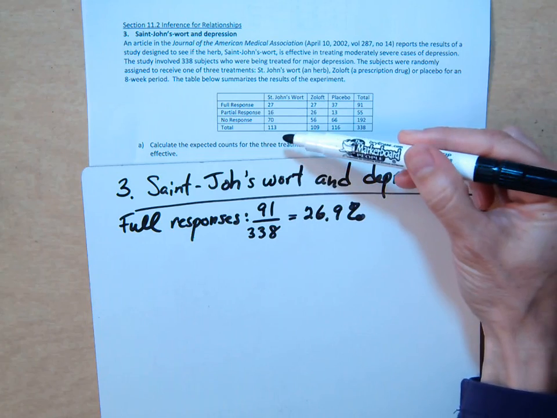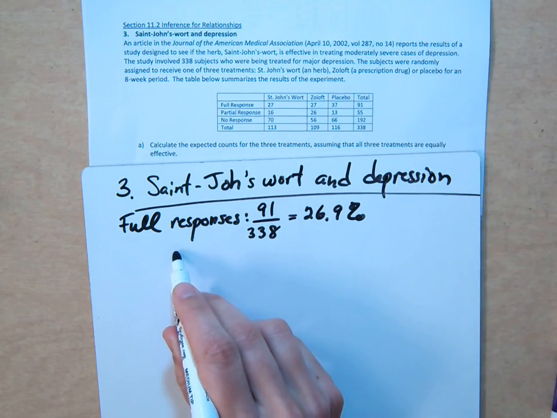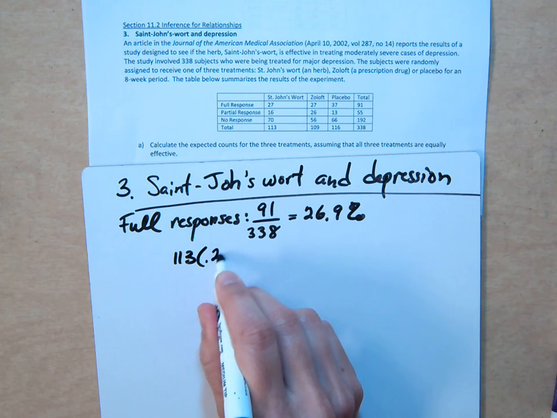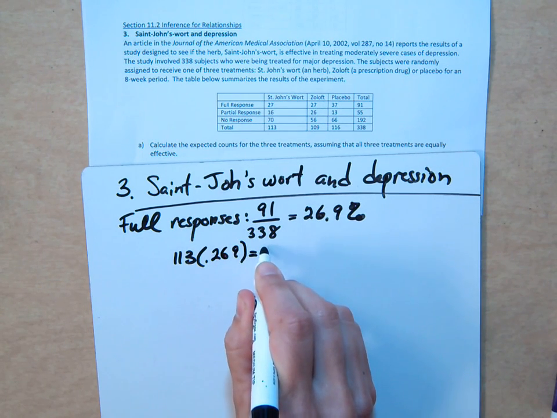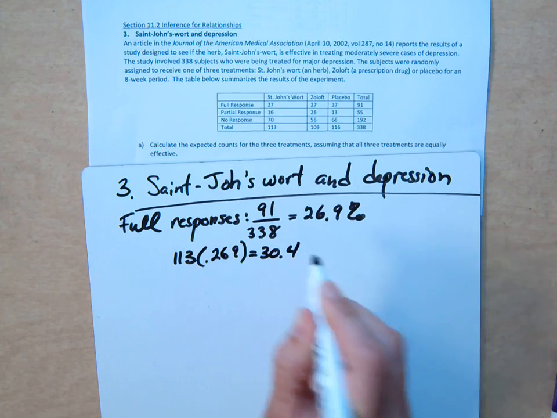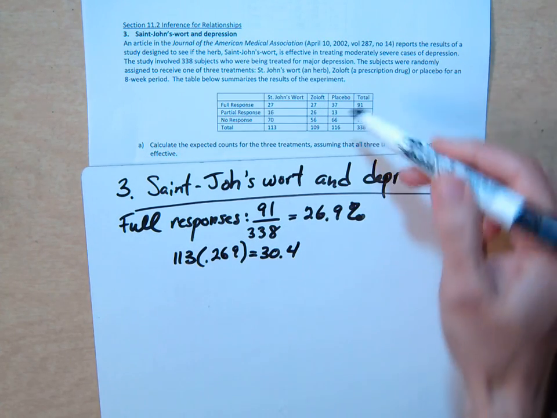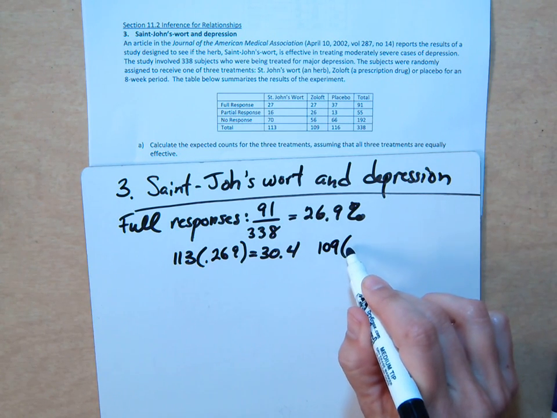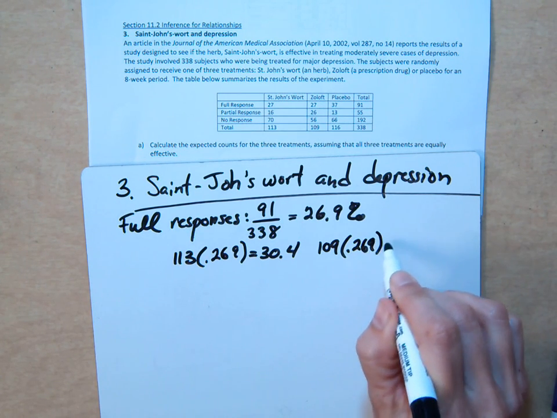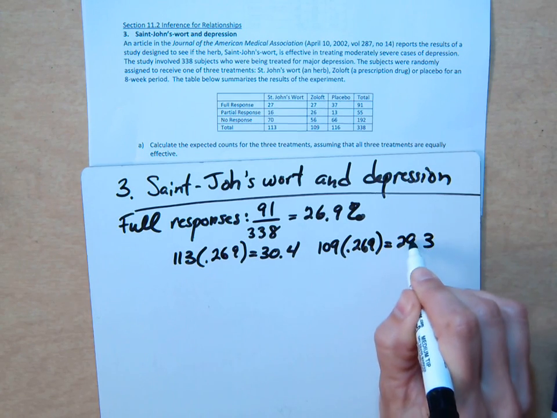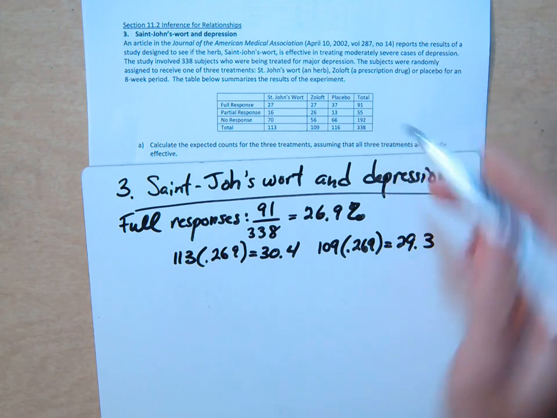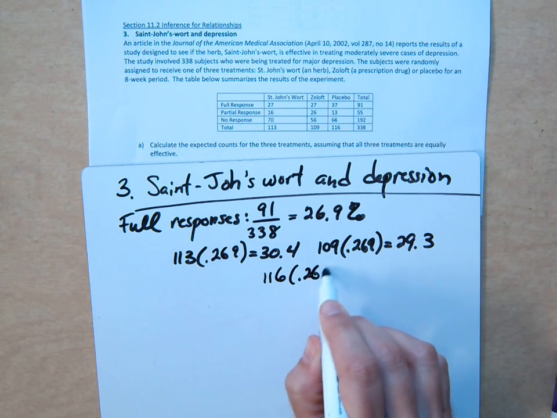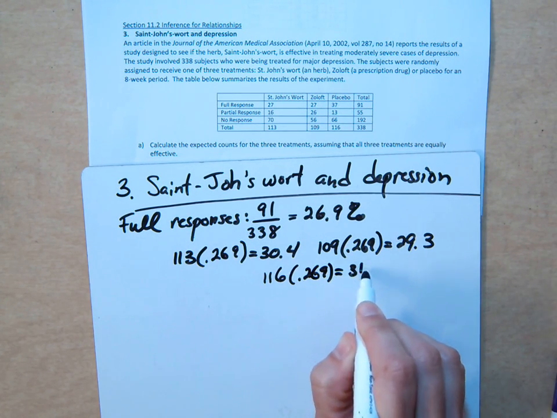So you would take the total for St. John's wort of 113, and you would find 26.9%. So that's 30.4. And then we would do Zoloft 109 total, and we want 26.9% of that, 0.269, 29.3, and then there's 116 that did the placebo times 0.269, and that gives us 31.2.